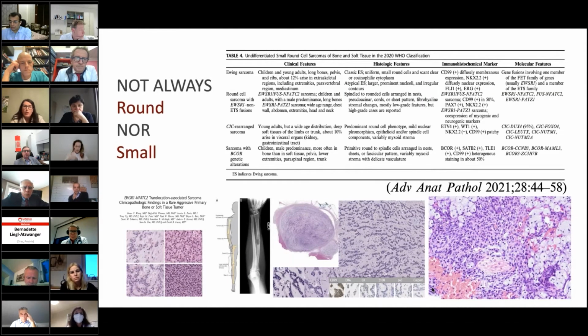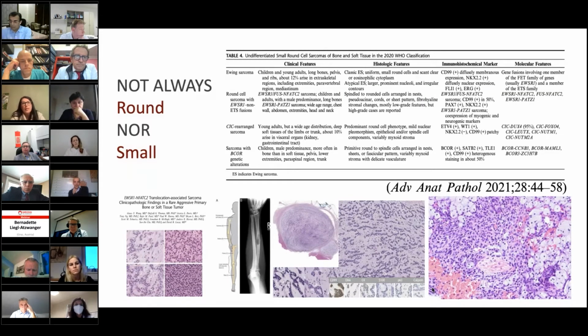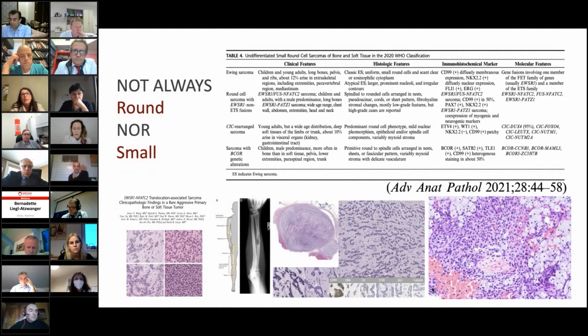However, there is one group also put into these undifferentiated small round cell sarcomas of bone and soft tissue, and this is the group of round cell sarcomas with EWSR1 fusions with non-ETS fusion partners. And there is one group, the EWSR1 or FUS with NFATC2 fusions.